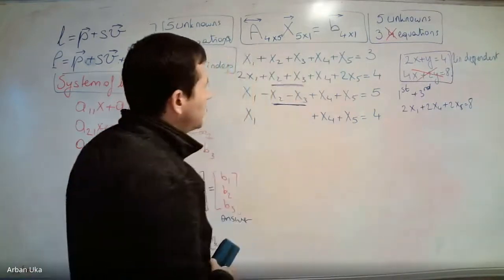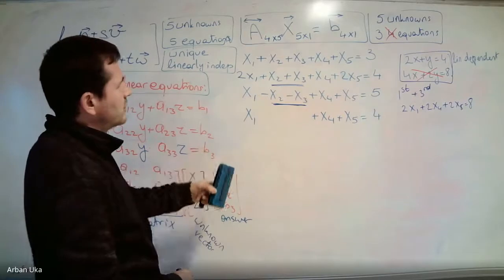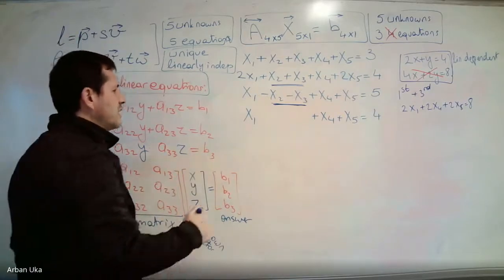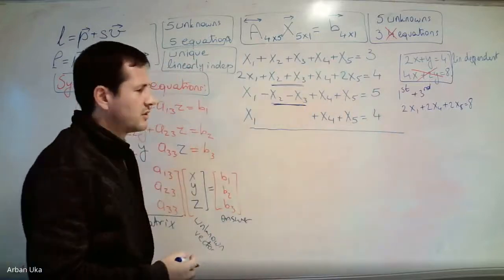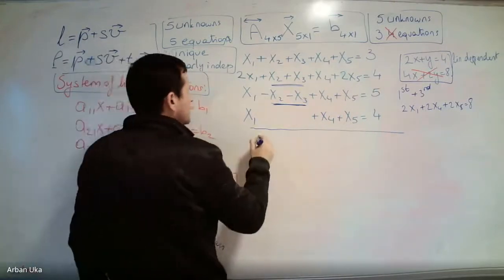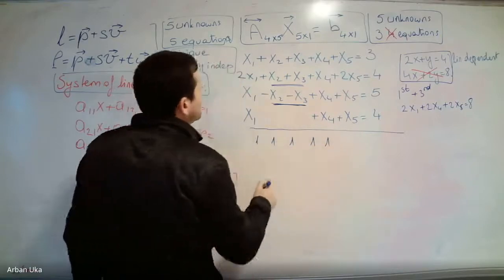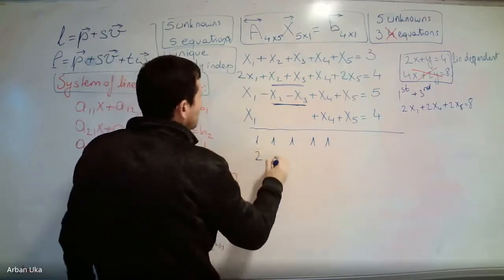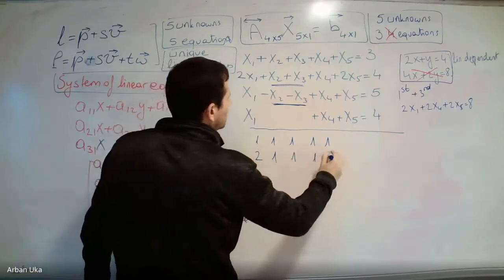But let's try to see how we can observe this dependence of equation 4 on the first and the third. Let's see how we can extract it in a different method. So let's write the coefficient matrix. Here we have 1, 1, 1, 1, 1. Then we have 2, 1, 2.